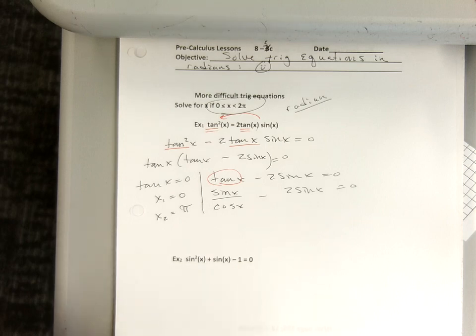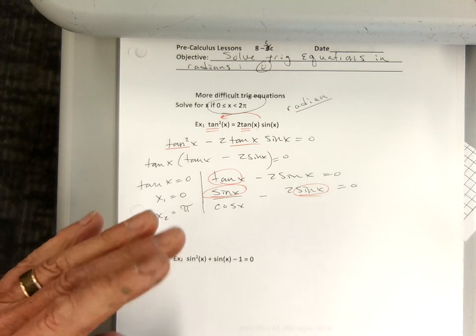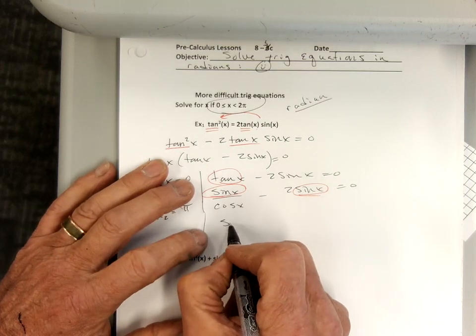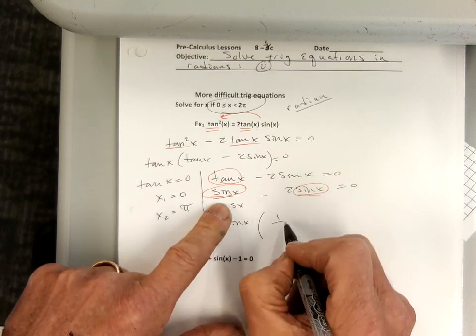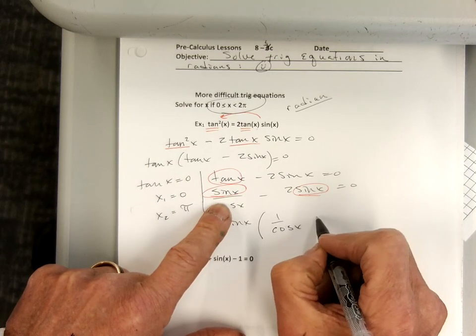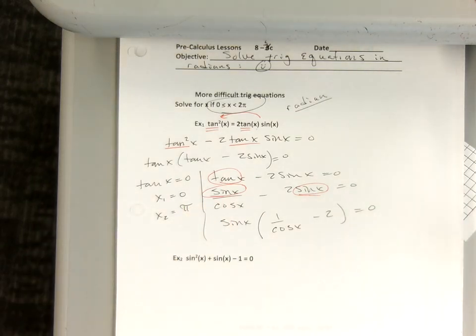Well, I'm going to common factor again. I'm going to common factor out a sine. Watch this. So I'm going to have sine of x times 1 over cosine of x minus 2 equals 0. Oh, so I got 3 mini equations.